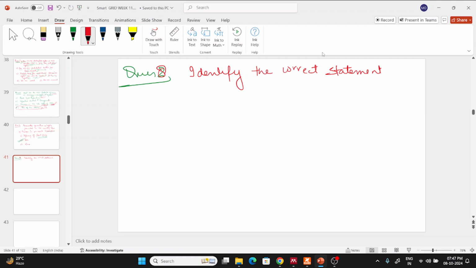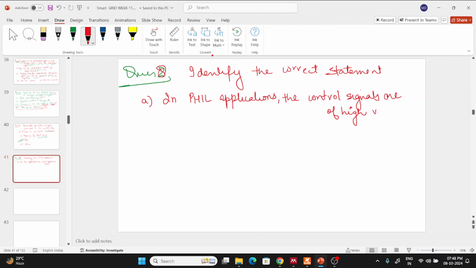A: In PHIL applications, the control signals are of high voltage level.